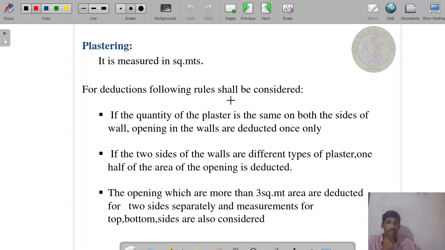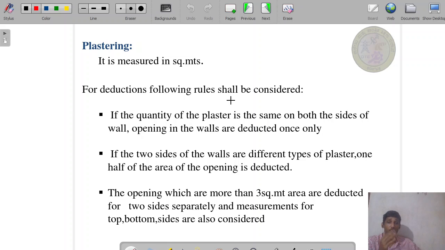If the two sides of the wall have different types of plaster, 1/2 of the area of the opening is deducted. For openings which are more than 3 meter square, you have to deduct the two sides separately, and the measurements for top, bottom and sides are also to be considered, even a very negligible portion, if the quantity is more than 3 meter square.